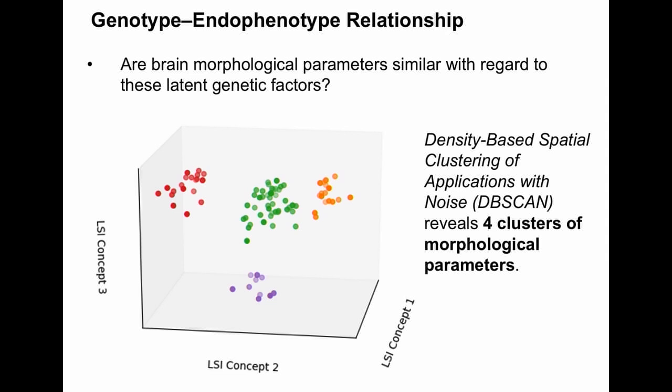And what we used, of course, here is DBSCAN, density-based spatial clustering of applications with noise. It's just a standard clustering algorithm, and that came up with this clustering. But even if you didn't have the colors, you would instantly see that there is at least 3, and probably 4 if you rotate it a little bit, 4 distinct clusters.